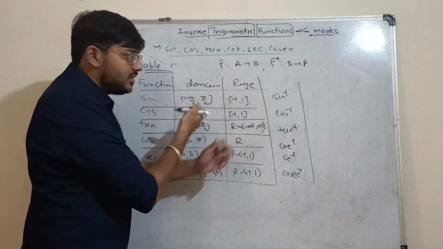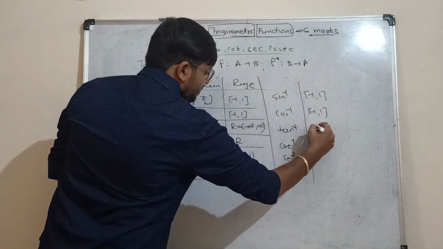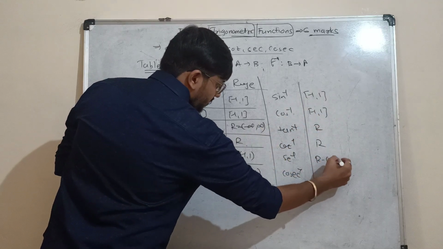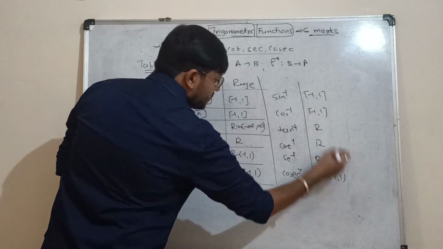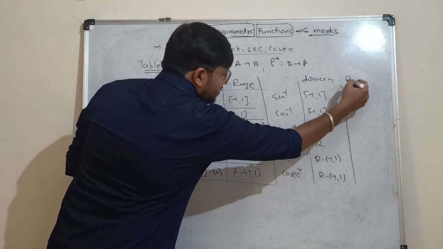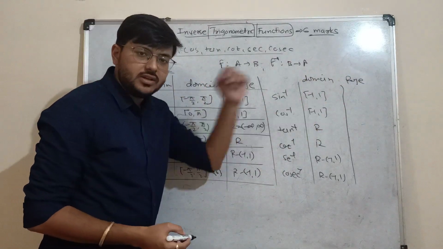Just interchange them. That means sine inverse has domain minus 1 to 1, cos inverse has minus 1 to 1, tan inverse and cot inverse have R, and sec inverse and cosec inverse have R minus (minus 1, 1). These are the domains. So what about the ranges? Just the domains of the functions will become the ranges for the inverses.